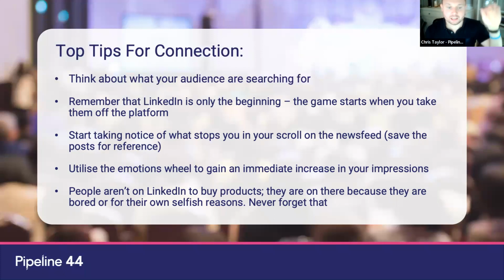Pick it up, and in your headline of any future post that you do, pick an emotion on the outside of that wheel and get it into your headline. An example is really, really simple. Rather than, I had some conversations with my staff members today, pick an emotion. It could be disgust. I'm disgusted with my staff conversations today. Putting the emotion to the forefront is what then drives the impressions through.